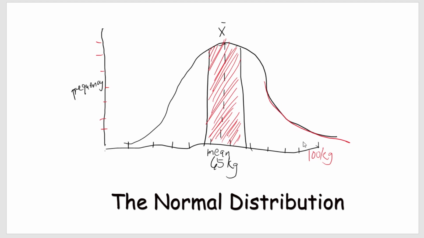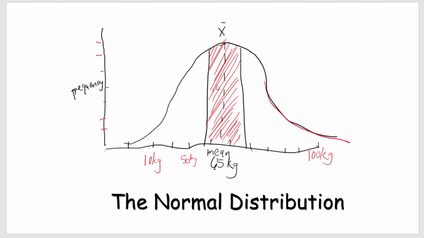So less and less women weigh around 100 kilograms. If you go to the other side, a woman weighing around 10 kilograms is rare, and there are only a few of them. But if you move toward 50 kilograms, you see an increasing number of women having that weight.